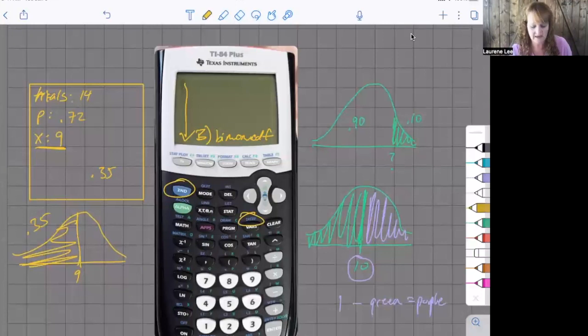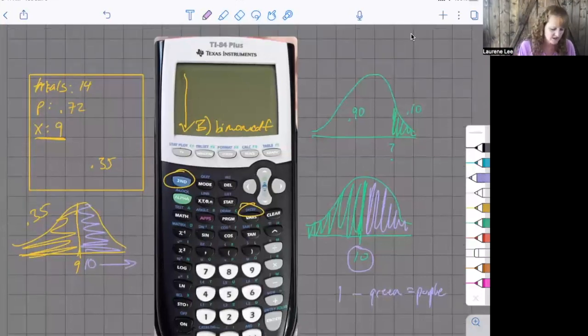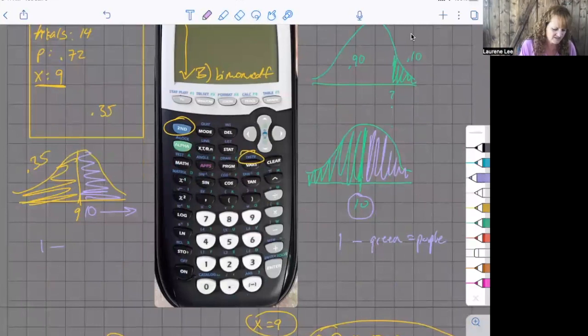Now, I don't want that. I want the rest of the distribution. I want 10 and up. So I'm going to take 1 minus 0.35, because the purple part is the complement of 0.35. So I go 1 minus that, and I get 0.65.